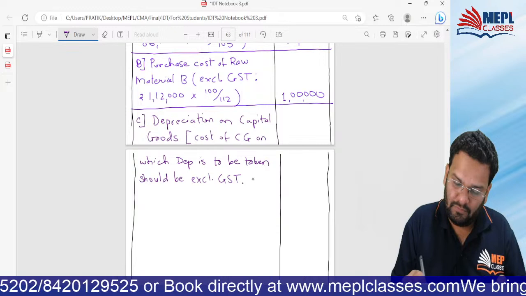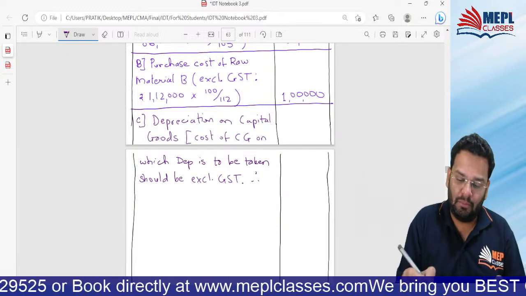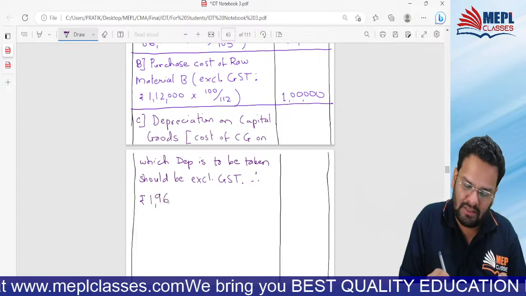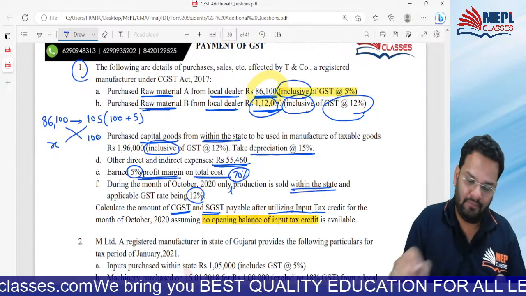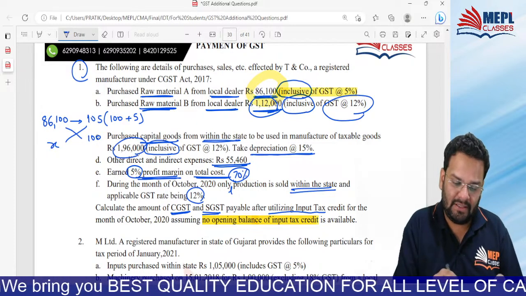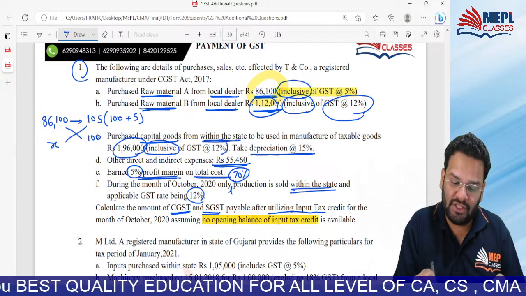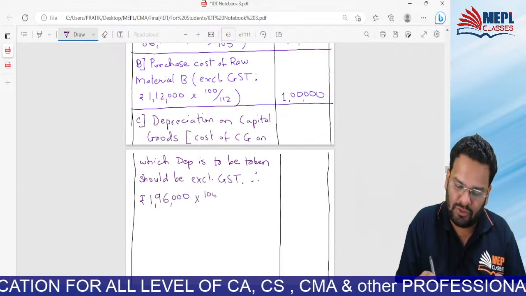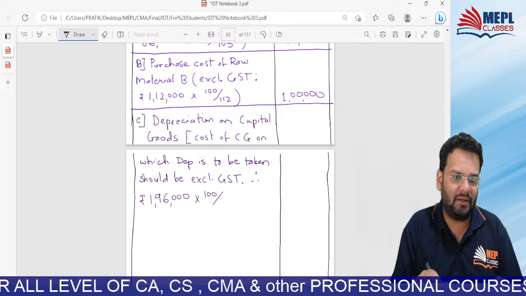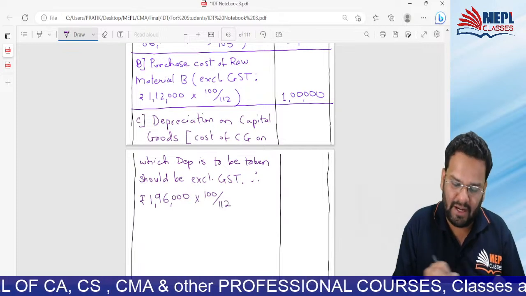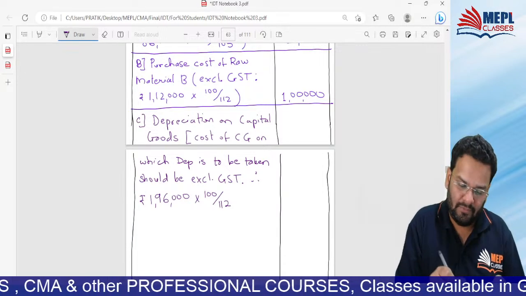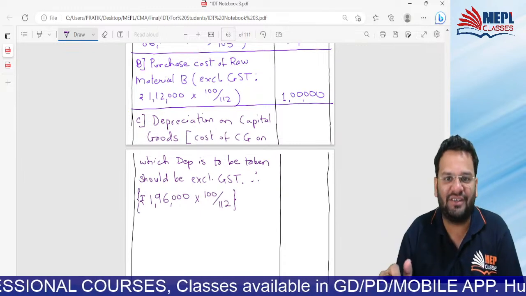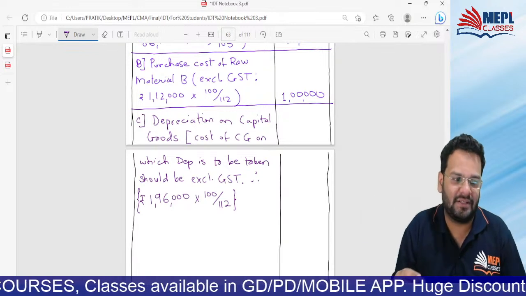Okay. Therefore, how will you do the computation now? It was 1,96,000. Check. 1,96,000 was including GST at 12%. So 1,96,000 into 100 by 112. Okay. This gives you the basic price of machine, that is excluding GST.